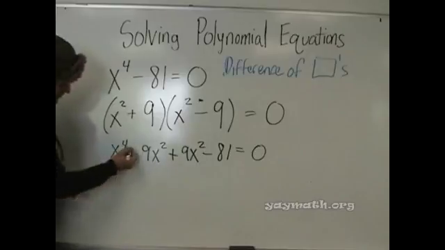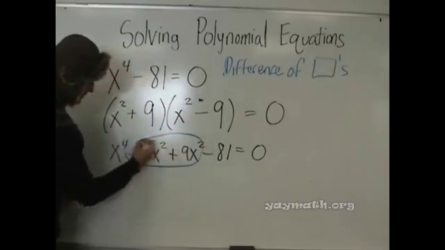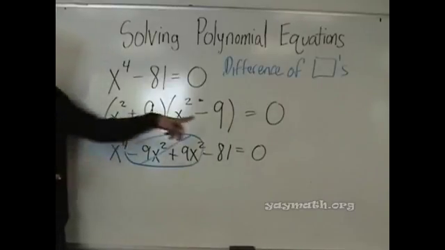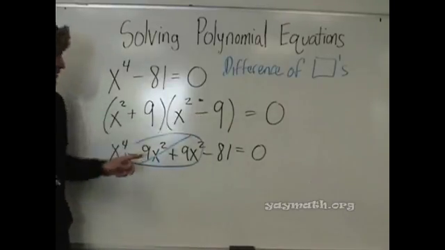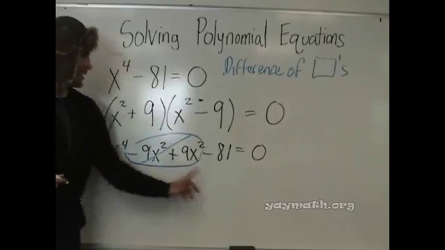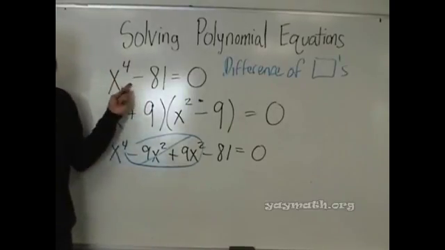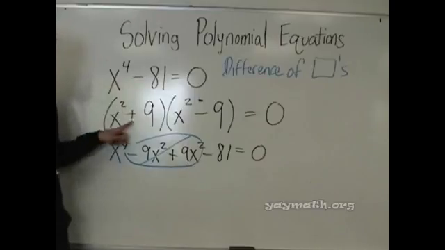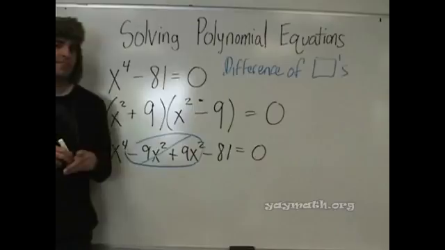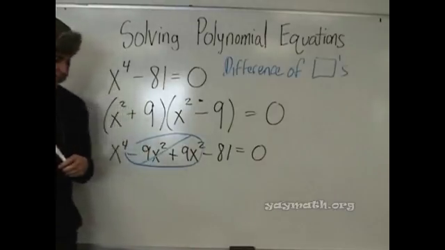So now these 2 cancel each other. But if there was a plus, if these were both plus, for example, it would be x to the 4th plus 9x squared plus 9x squared. That would be plus 18x squared. That would be a middle term. We don't have a middle term. So the minus and plus create the middle 2 to cancel. That's the reason. That's why it has to be minus.